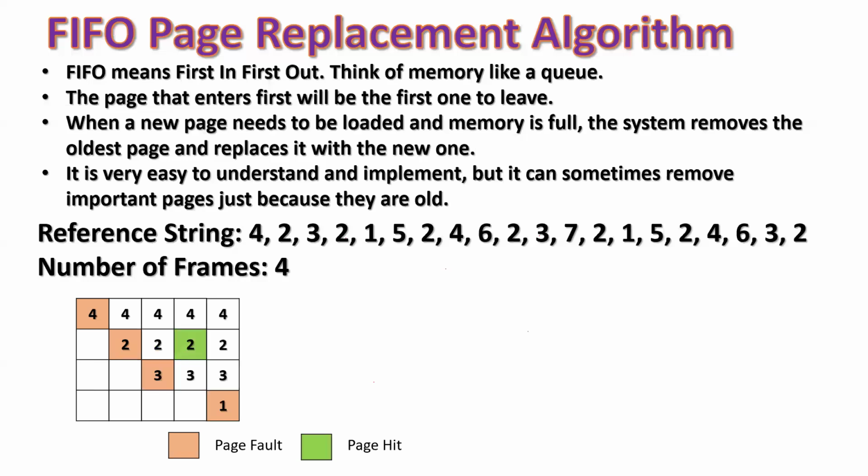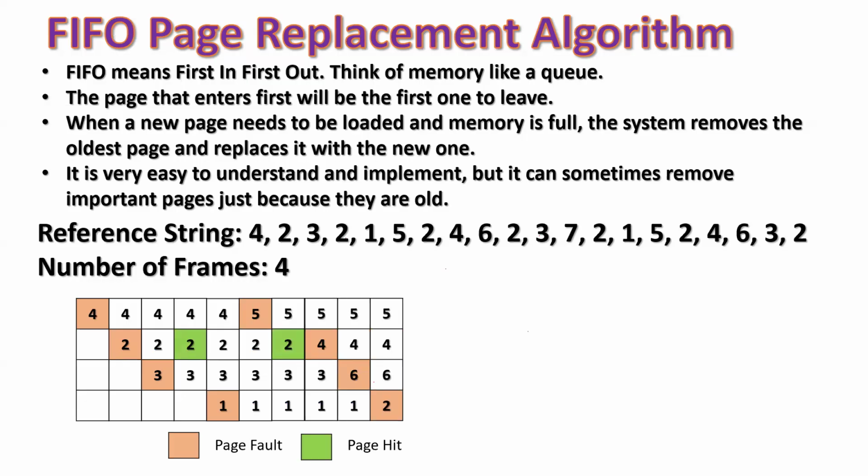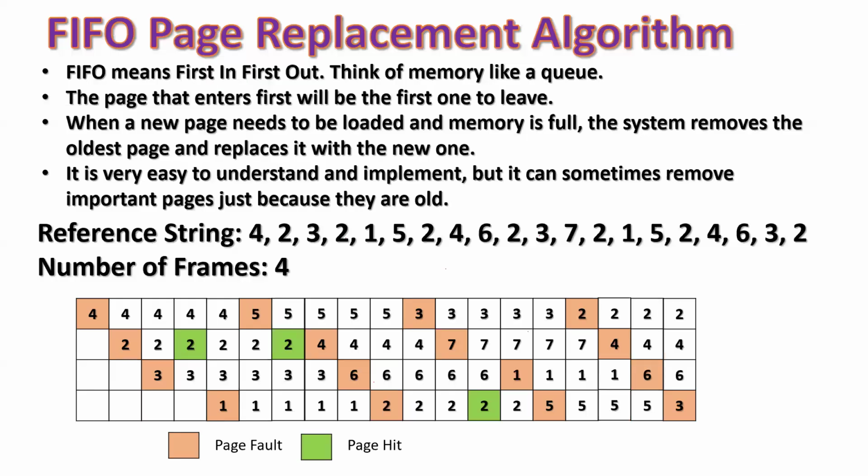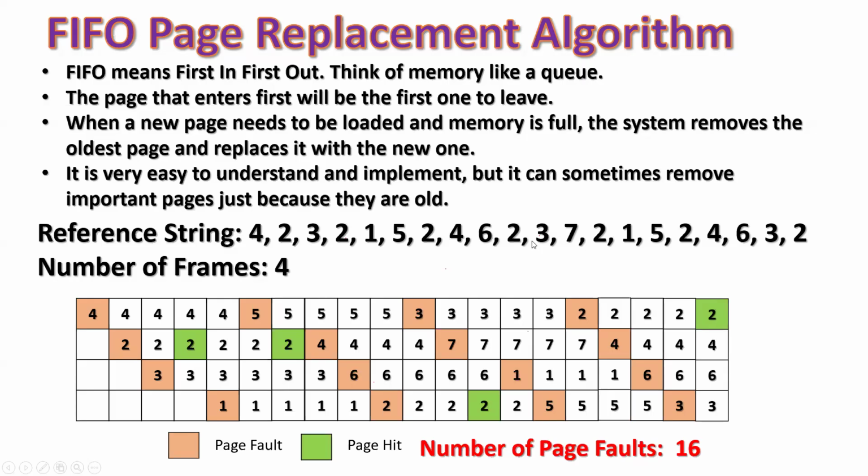You can see on the screen now. Here what we did is we increased the number of frames from 3 to 4 using the same reference string. So the number of page faults would result to 16. If you check how many of you could get this, the ones who submitted earlier with number of page faults to be 15 or 14 at some places, correct?